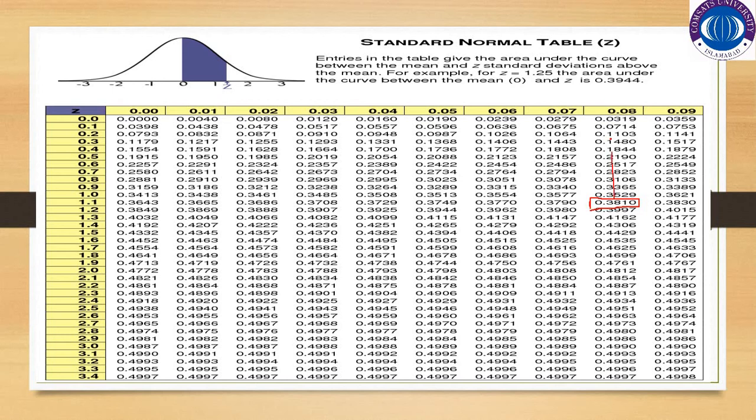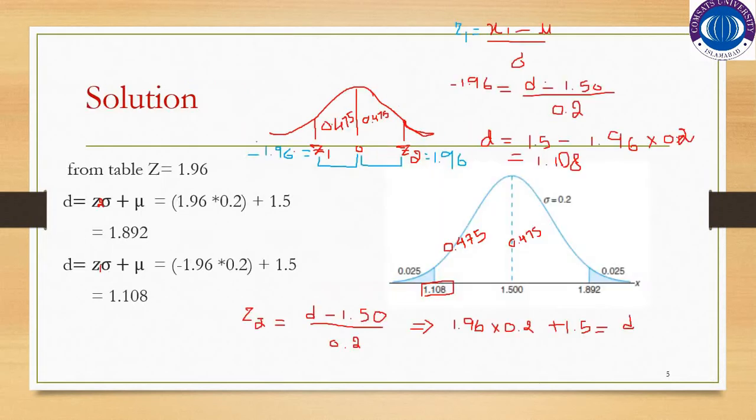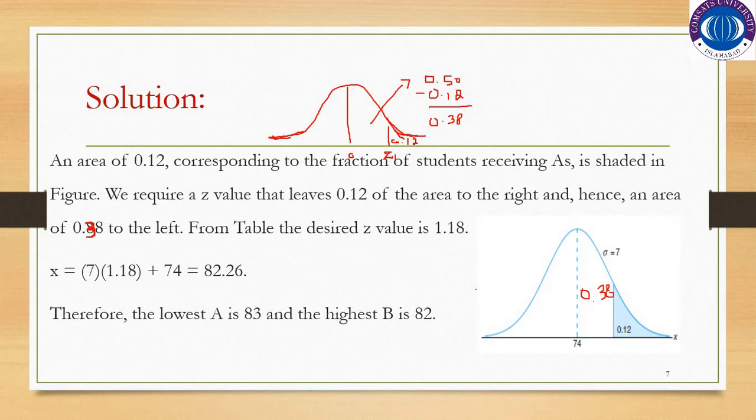So by going in this direction and going in this direction, what we will find is that this corresponds to 1.18. So the Z value is 1.18.